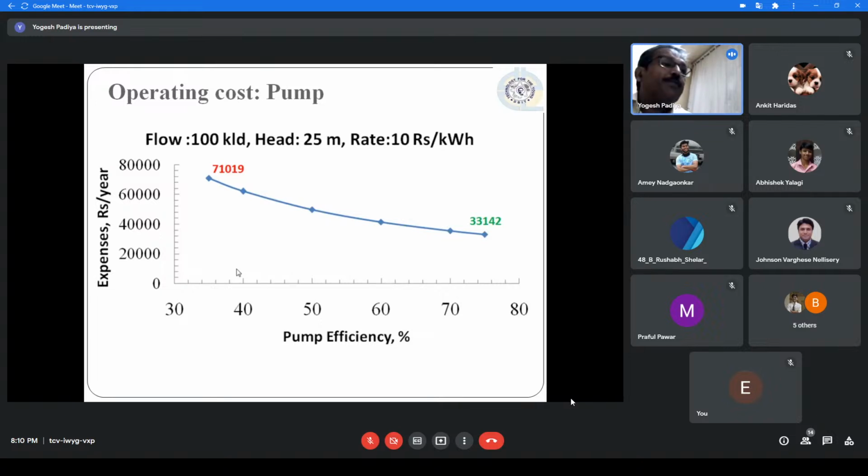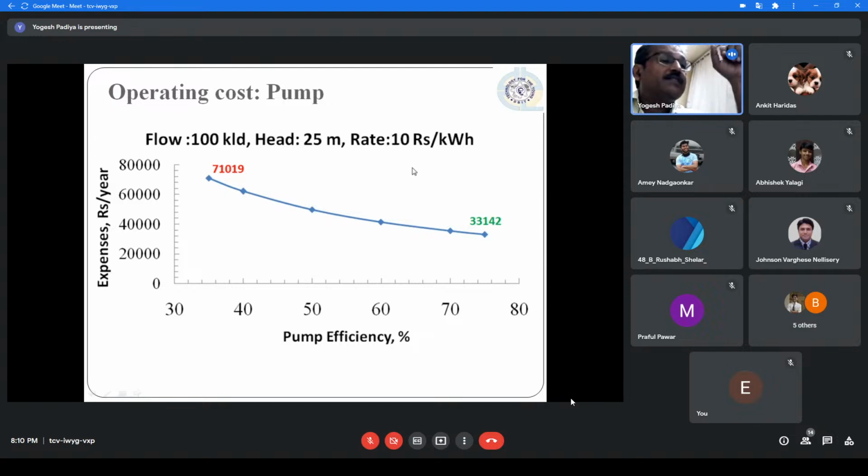Let us take an example that you have chosen a pump costing less, but with operating efficiency of 35%. Suppose the building requires 100 liters of water per day and the head is 25 meters. And the light bill is coming 10 rupees per unit.